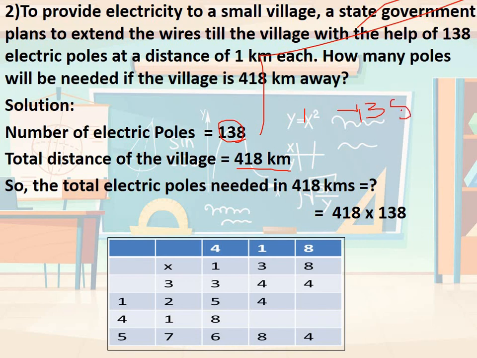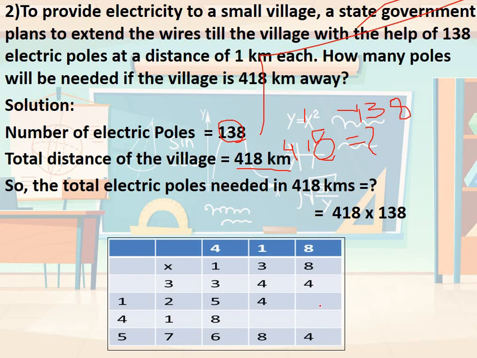Okay, then here it is given 418 kilometers, 418 kilometers equal to how much? So 418 multiplied by 138. If you multiply, you will get the answer, as you know.